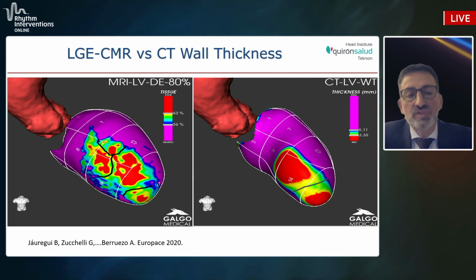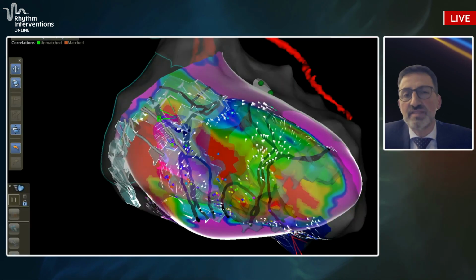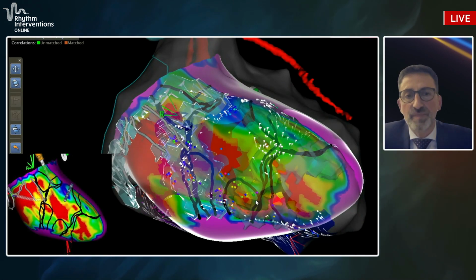This is because we do not always have transmural fibrotic tissue in ischemic and also in non-ischemic patients, and sometimes we have only subendocardial scars or mid-myocardial scars that do not produce any important wall thinning. This is the reason why MRI is a little bit more sensitive than CT scan to identify channels in the ventricle.